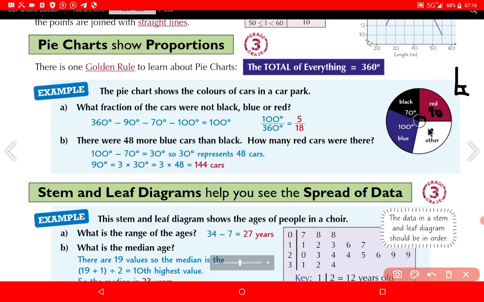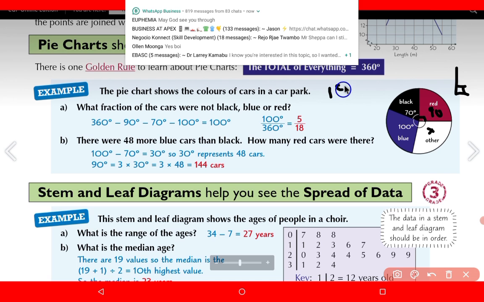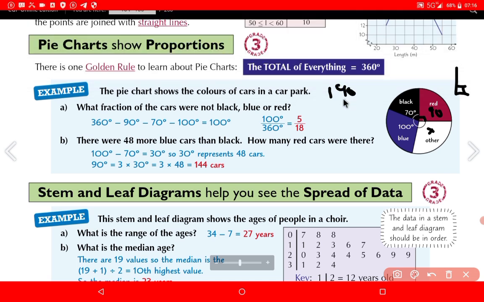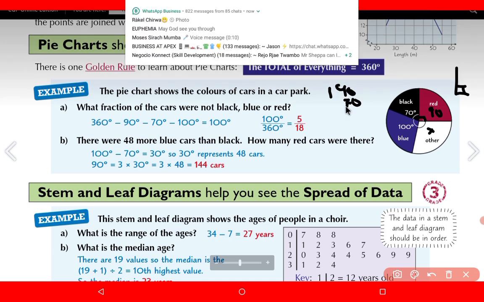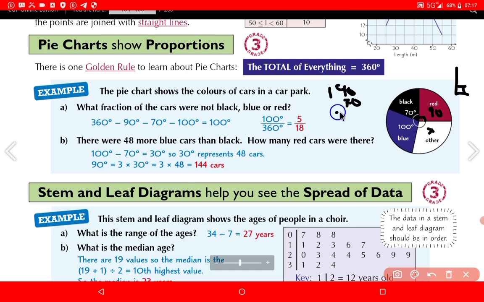100 plus 90, that is 190, plus 70. Okay, 190 plus 70, you get 260. You see that?